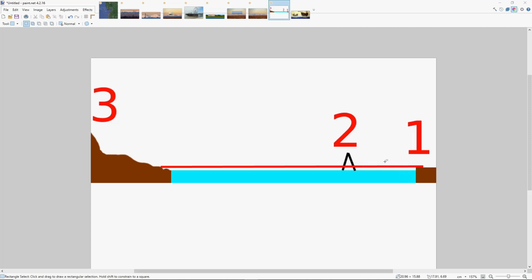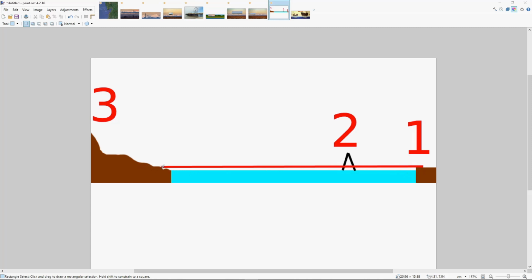Because we know that there's water connecting points 1, 2, and 3, and if water is level, and we can determine where 8 meters, 10 meters, 12 meters is at point 2, we can also determine what happened in the image.